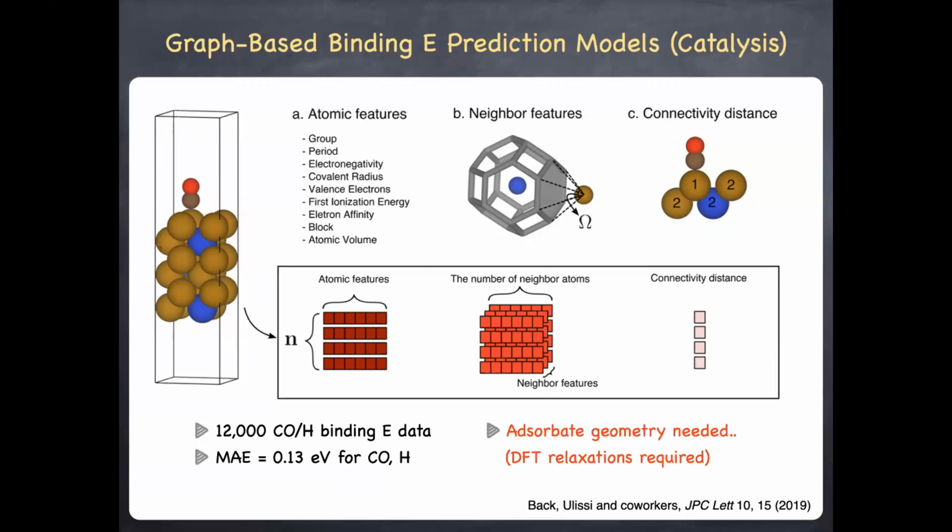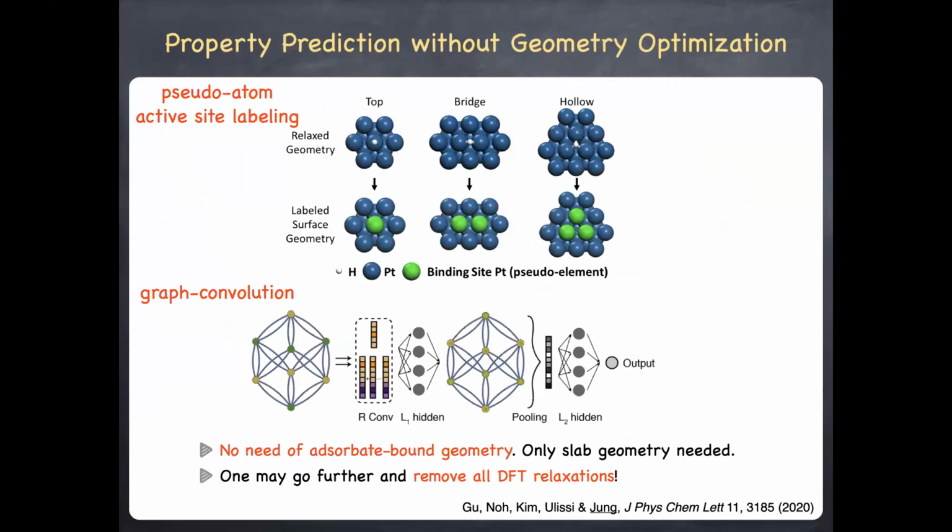the fact that in order to use graphs, you need the three-dimensional structure of the molecules. And to obtain that, you need to perform some kind of geometry optimizations, for example, using DFT. So our motivation was to have a model that can predict the binding energies without geometry optimizations.